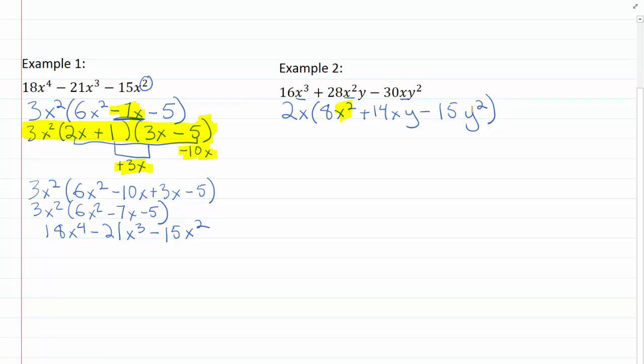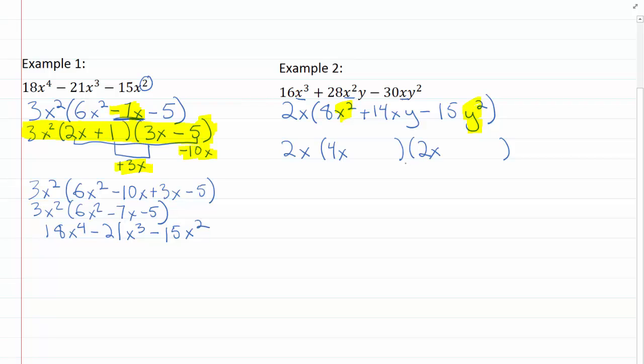And we want to notice that we've got some x's and some y's in here, so we want to be careful to keep those when we factor. So we'll come up with 2x still hanging out in front. Then we want something that multiplies together to give me this 8x squared. Let's try 4x and 2x.